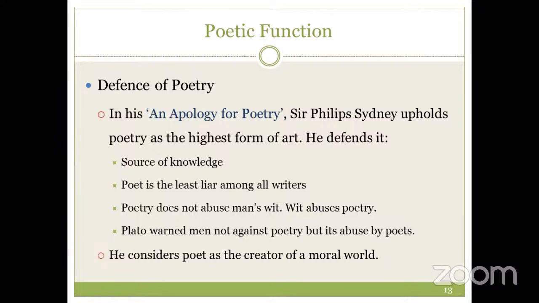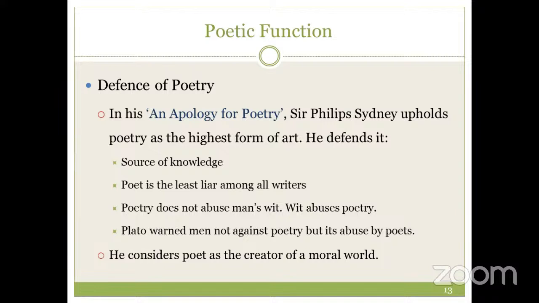Similarly, Sir Philip Sidney, in Apology for Poetry, says that Plato warned men not against poetry, but against its abuse by poets. So literature in itself is not problematic, but the people who are producing literature can become problematic. Okay, so that is why the poets must be disciplined in order to produce right literature.